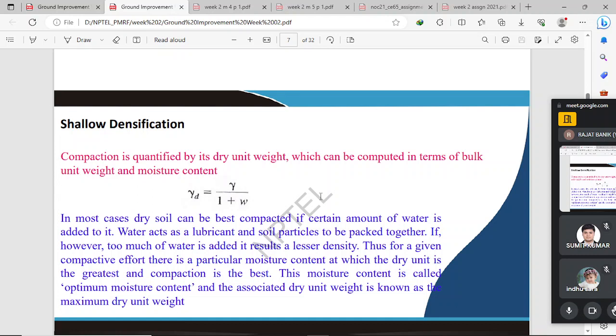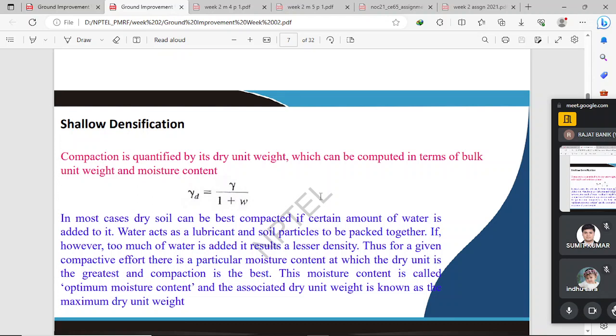But if we apply too much water, it is not good for our field densification, because too much water also occupies the void space of the soil.